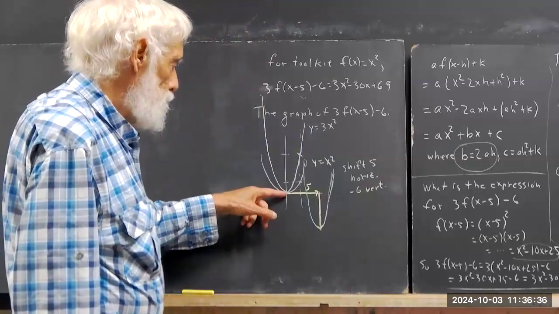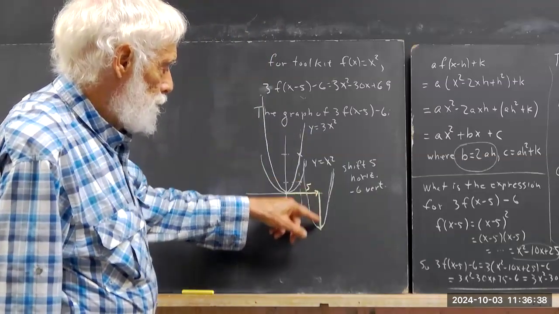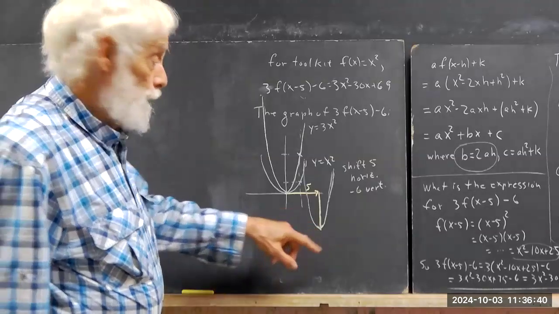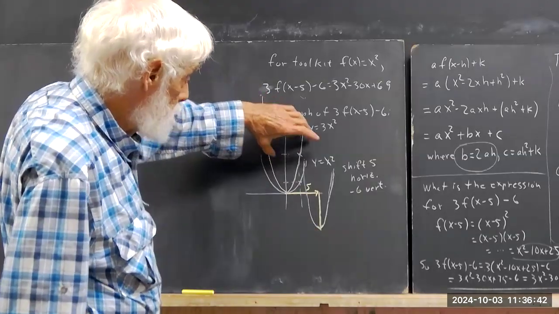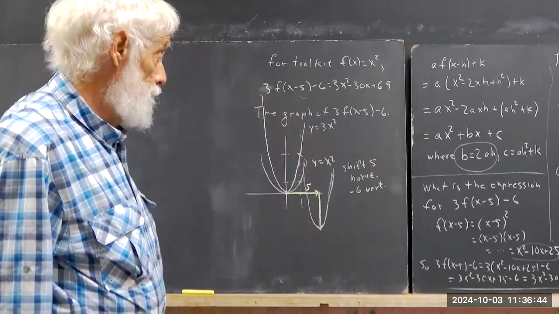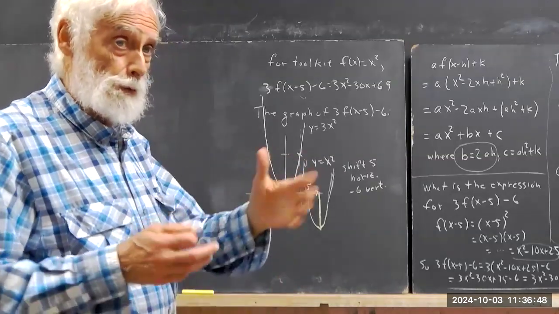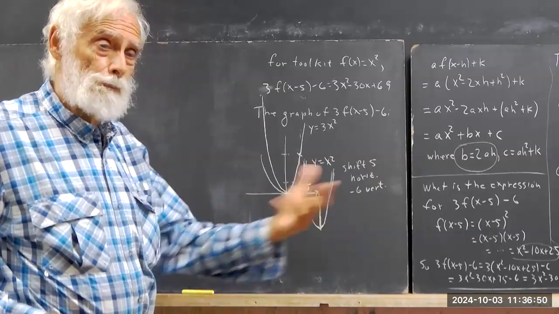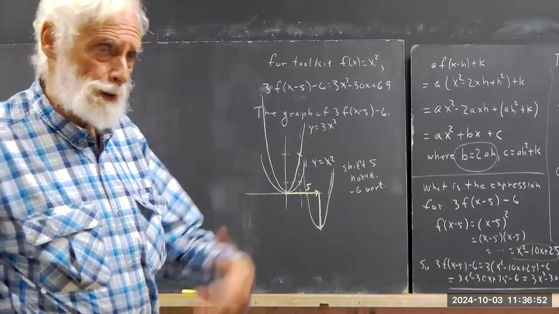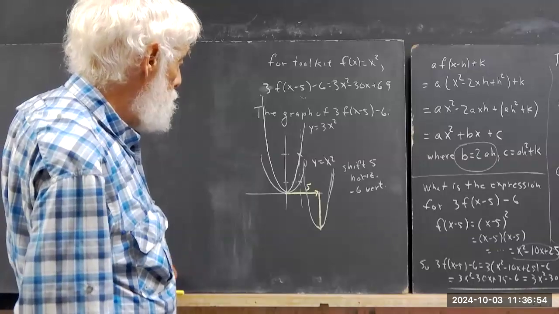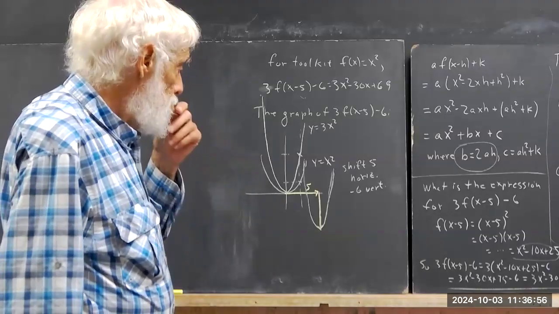You just kind of focus on the vertex. It moves over this far and down this far. And then you just draw the same shape. You just take this shape and slap it down here. Now, I didn't do a very good job of the shape. I could have gone rectangles and stuff like we do in my class, but not every class does that. Okay. So there it is.